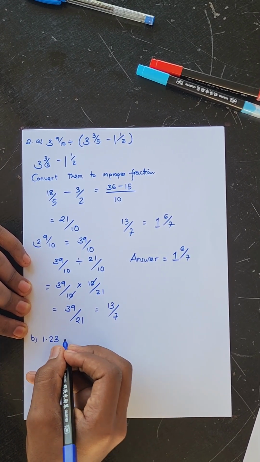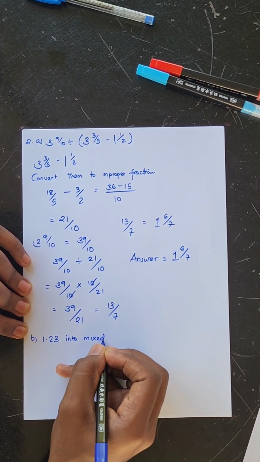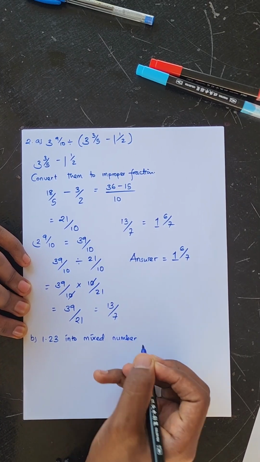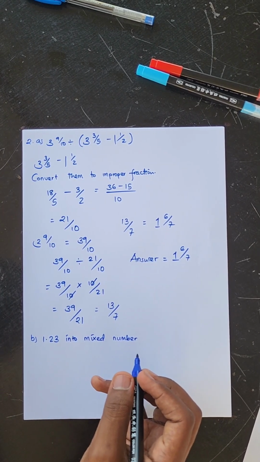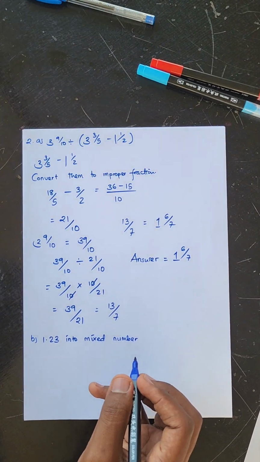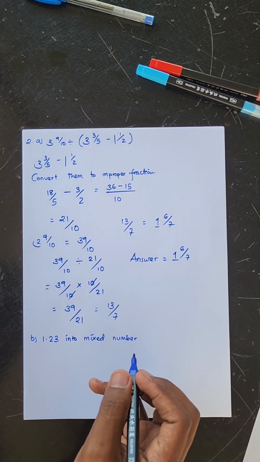Okay, now moving on to number 2, part B: 1.23 into a mixed number. So this is the next question, and we're going to solve it as follows.